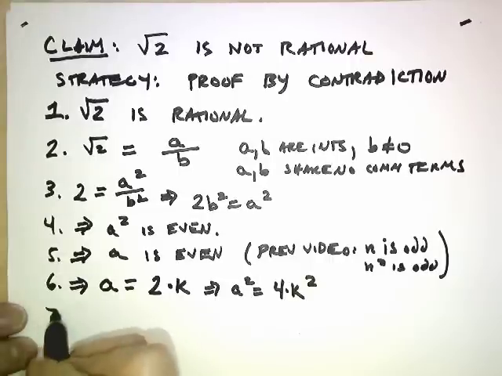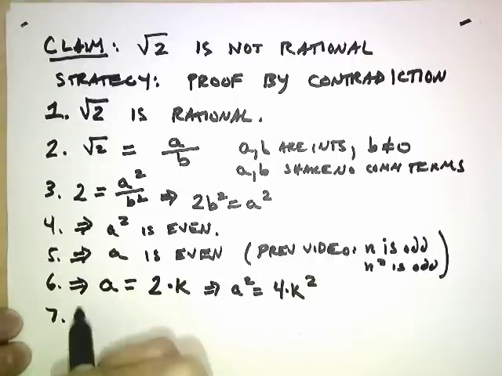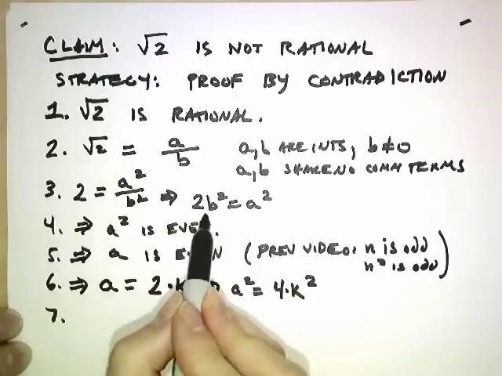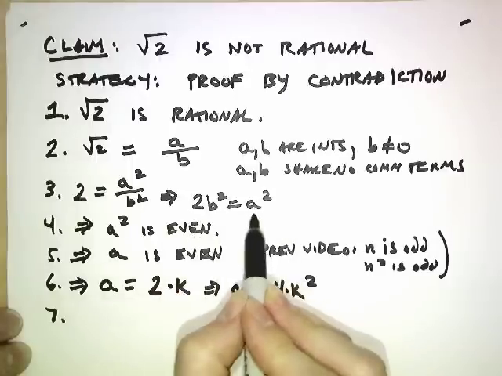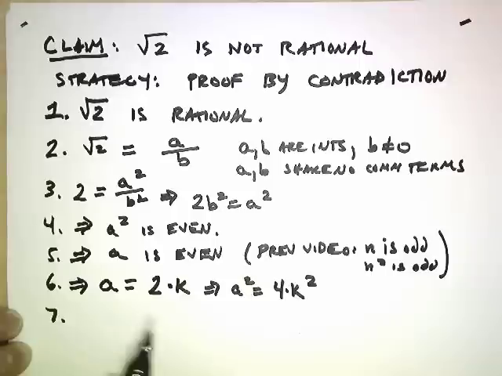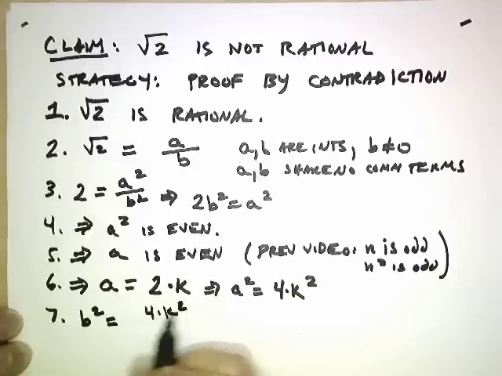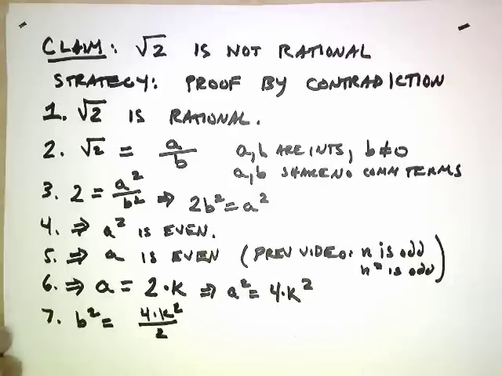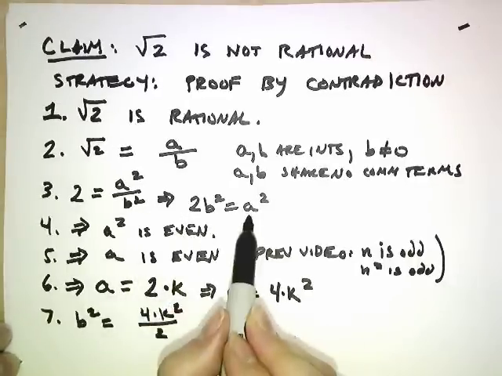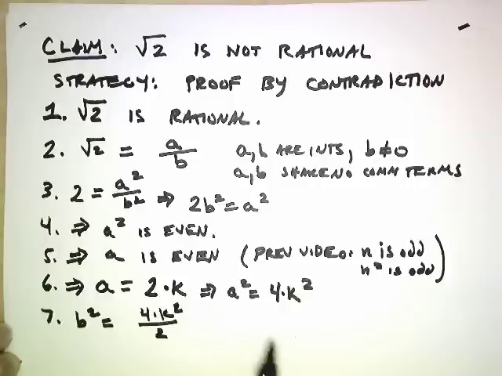Okay, so now let's see here. Remember we had 2b squared equals a squared. So that means that b squared is going to equal 4 times k squared over 2. Right? We knew that 2b squared was equal to a squared. We have a squared here is 4k squared.